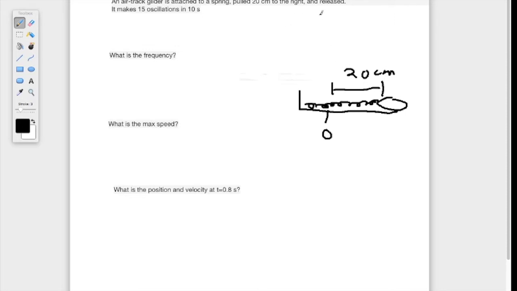So it's pulled to the right and released. It makes 15 oscillations in 10 seconds. What is the frequency, the max speed, and the position and velocity at 0.8 seconds?